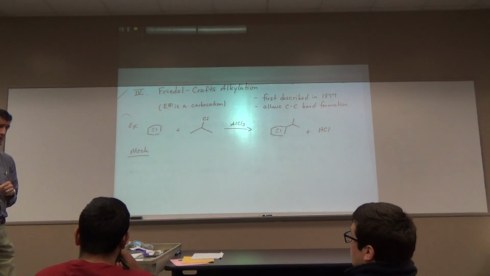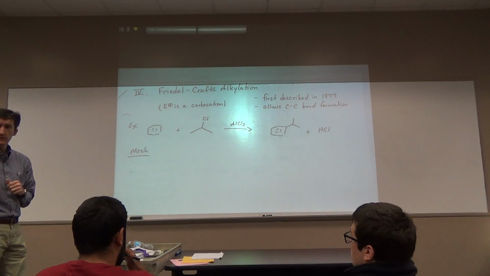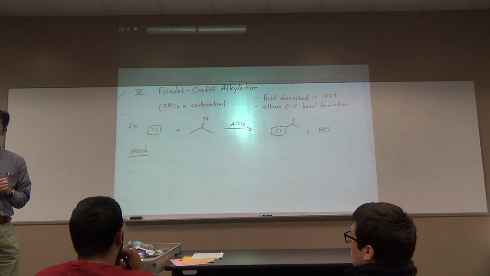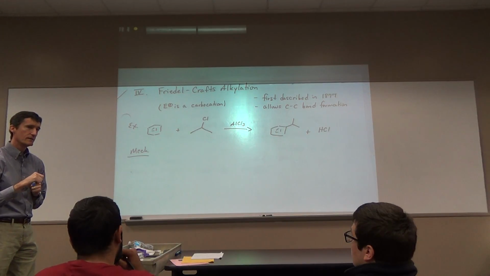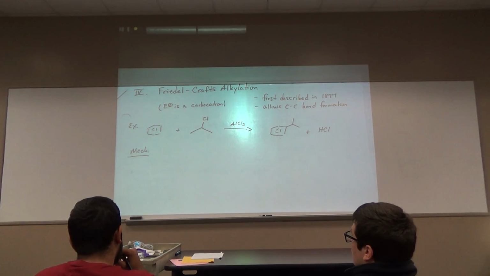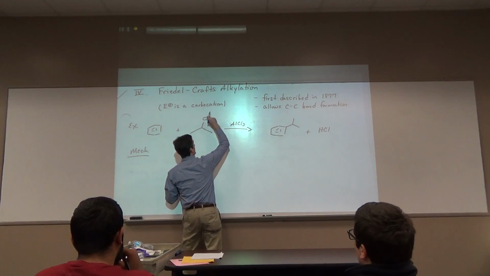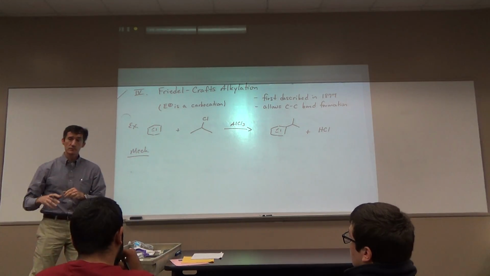Then we showed we complexed it with something to help it ionize off. We actually did a chemical test in organic 1 where we used this to... What did we do? Give it precipitate? Silver chloride? Silver chloride, right. It complexed with silver and then it ionized off, made silver chloride.